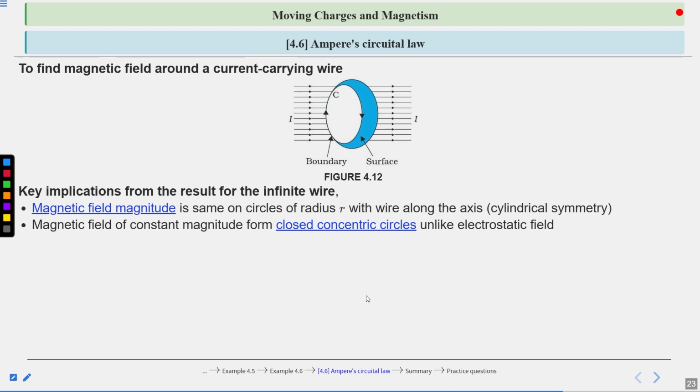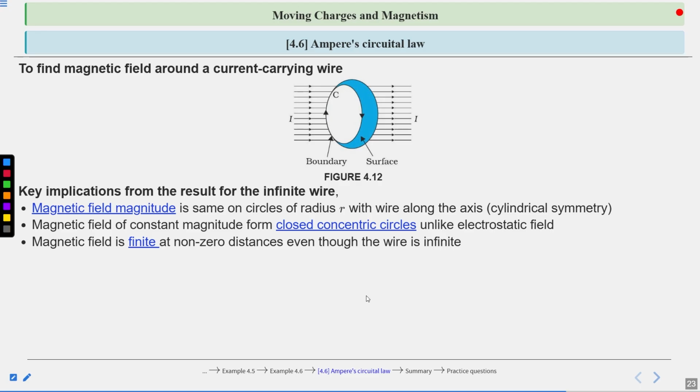Magnetic field of constant magnitude forms closed concentric circles, unlike the electrostatic field. The electrostatic field doesn't form closed loops. It starts from positive charge and ends on negative charge, but it never goes from negative to positive. But unlike the electrostatic field, the magnetic field forms closed concentric loops.